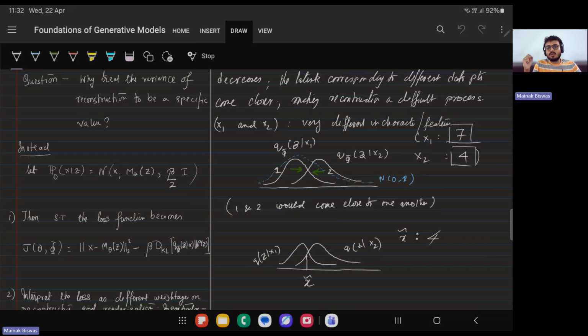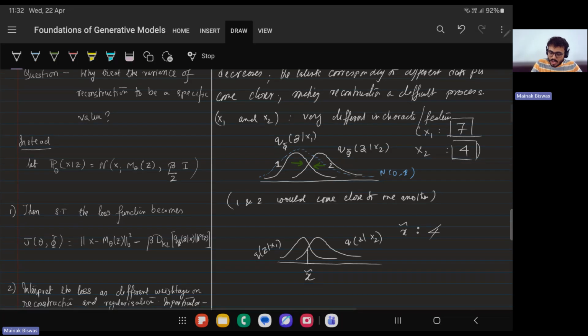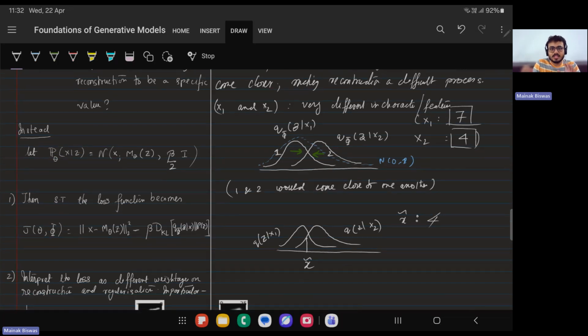Right. So now what would happen, you can see, is under the Q distribution. So if you consider these two distributions to be the canonical distribution of a 7 and a 4, say this is distribution 1 and this is distribution 2.